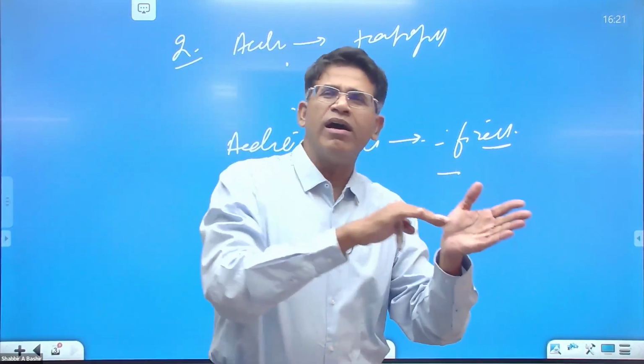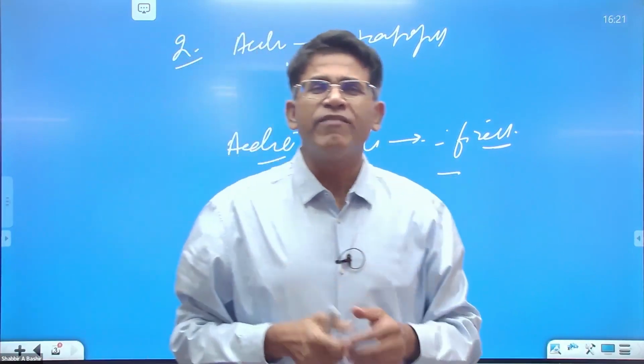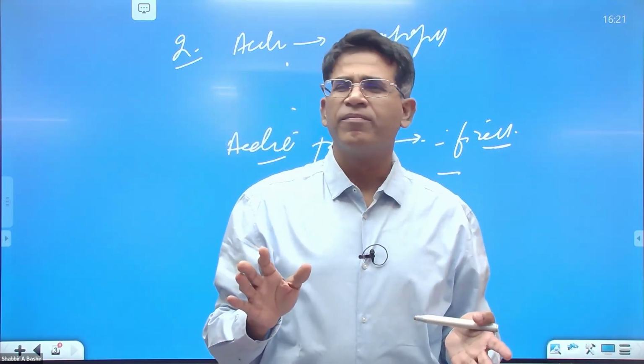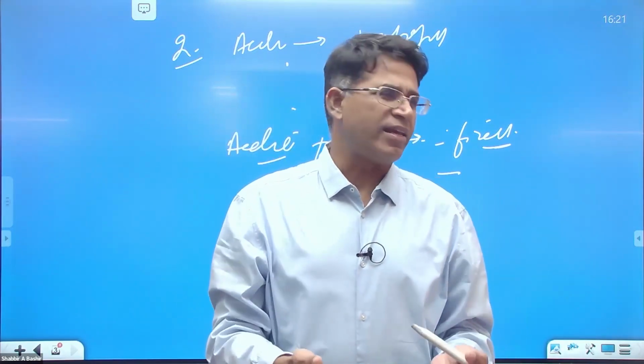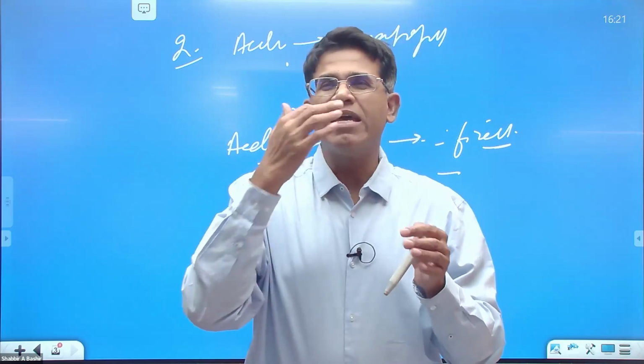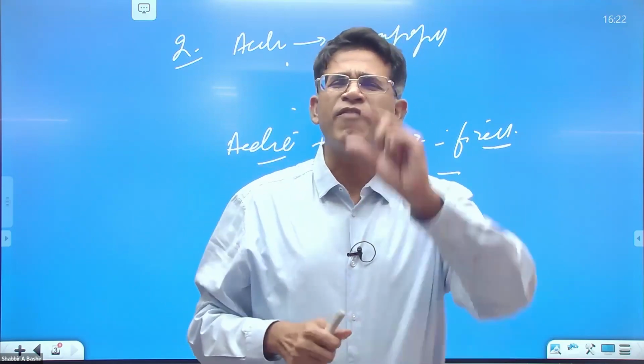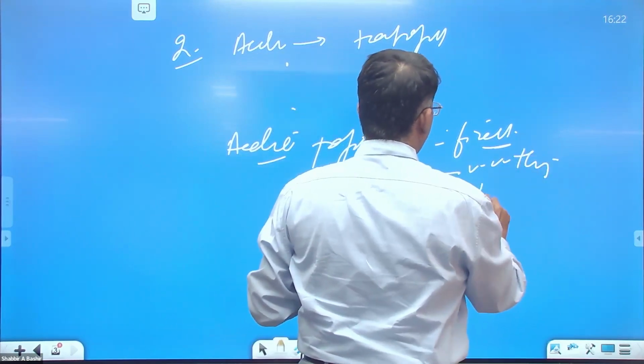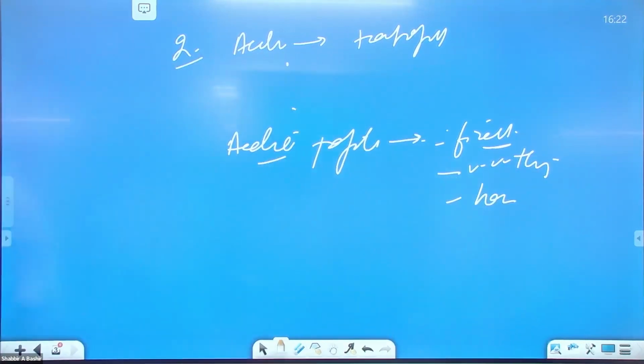Between alluvial and aeolian, in which case are the layers almost entirely missing? Again, aeolian. In aeolian, the layers are very, very thin. The horizons are almost entirely missing.